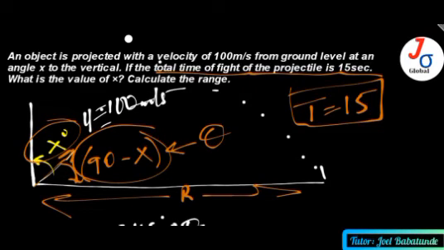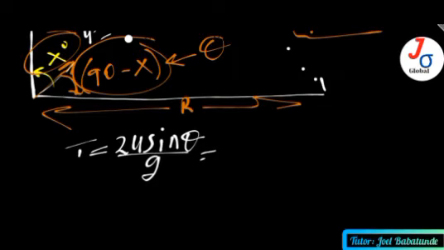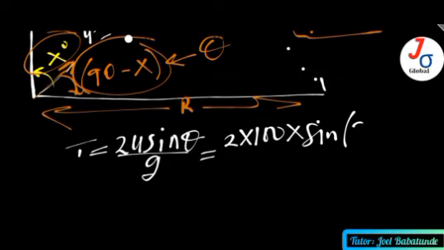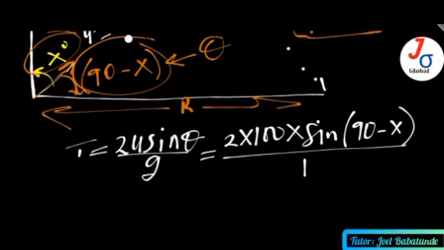Then we have 2 times 100 multiplied by sine theta, where theta is 90 minus x, divided by g, which is 10.